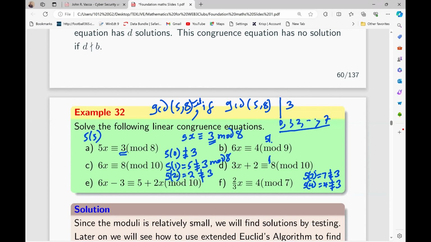That is 25. On division by 8, the remainder is 1, which is not congruent to 3. Let's try 6.